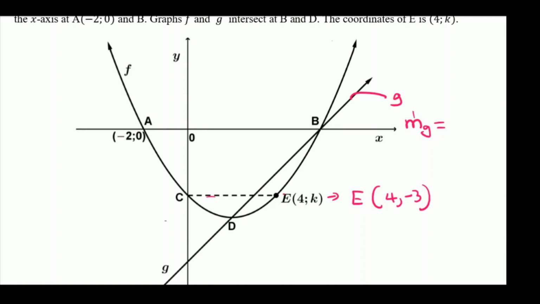Parallel gradients are equal, meaning that the gradient of G will be equal to the gradient of the tangent.